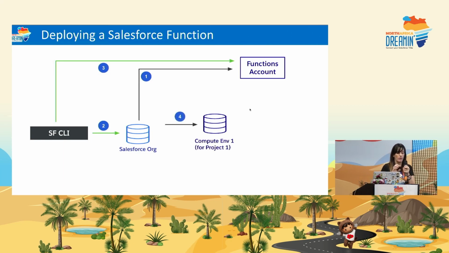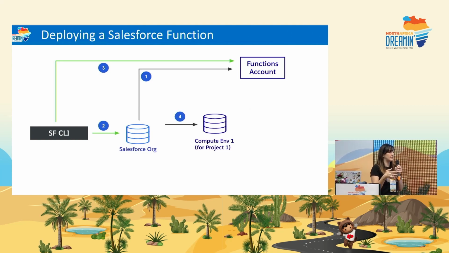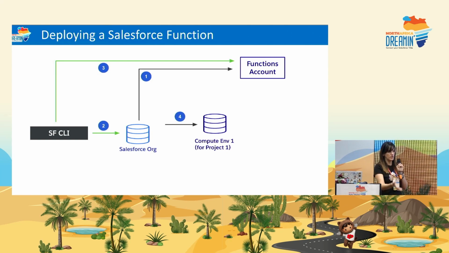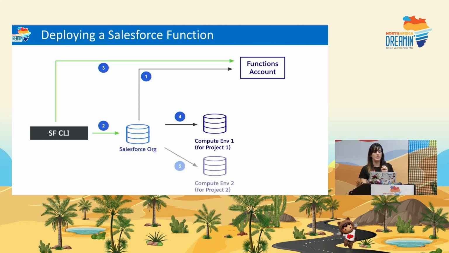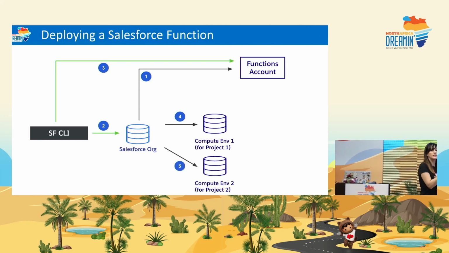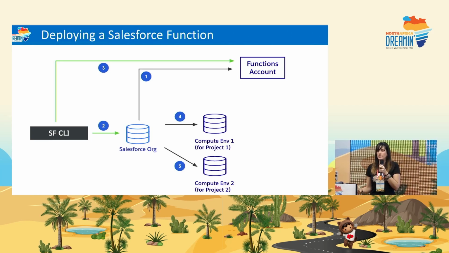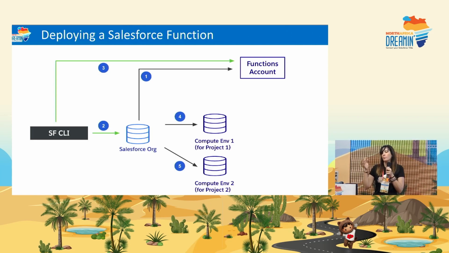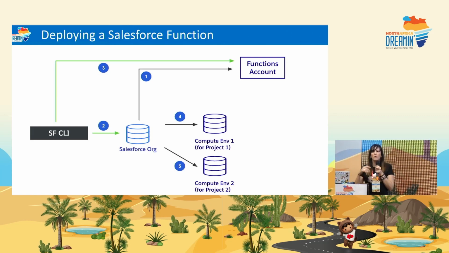And once you are connected to your Salesforce org and your functions account, you need to create the infrastructure in which functions run, which are compute environments. Indeed, you can create different compute environments attached to the same org. The idea is that you divide your functions by project. Let's say that you have a function for processing large data, but you have another function to create a PDF.